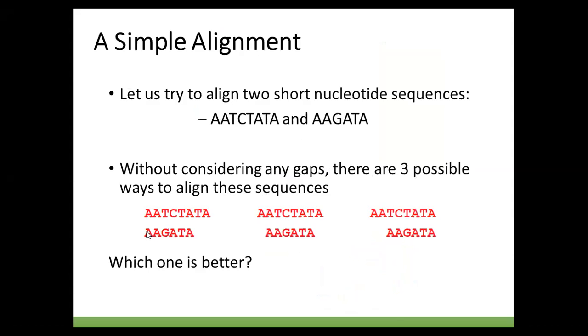There's no restriction that you should start from the first letter and match it to the first letter of the other sequence. That's only one way. You can push one position, then push two positions, and try to find a matching region. So you now have 3 possible alignments.